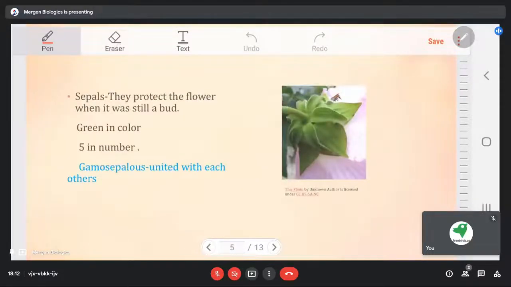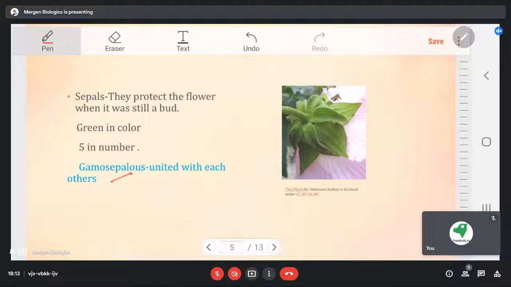I have already explained the term gamosepalous. Again, sepals that are connected or united with each other are known as gamosepalous. While if you find many flowers that have sepals that are not fused together, they are known as polysepalous flowers.